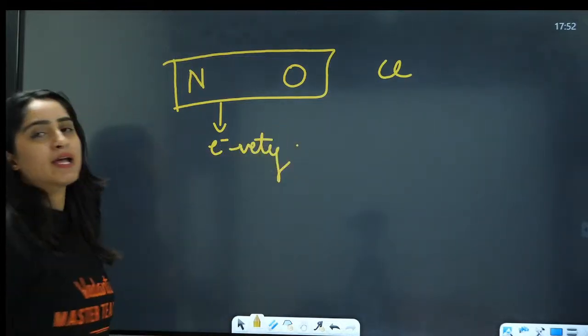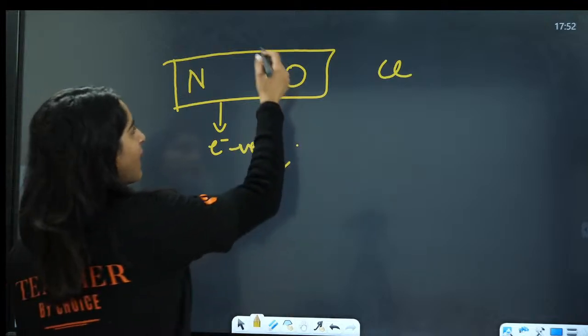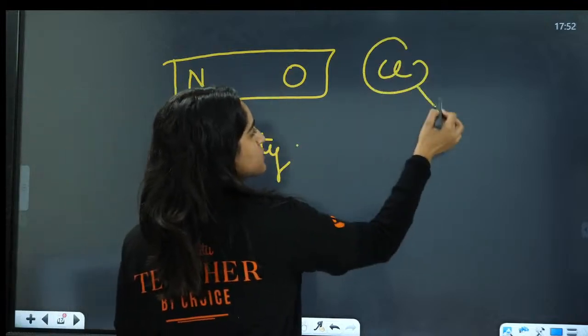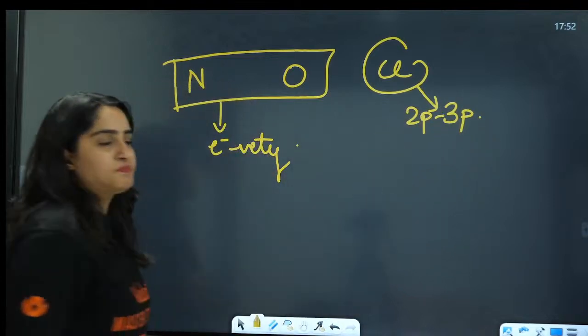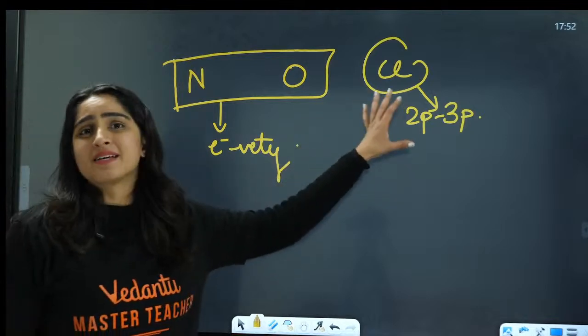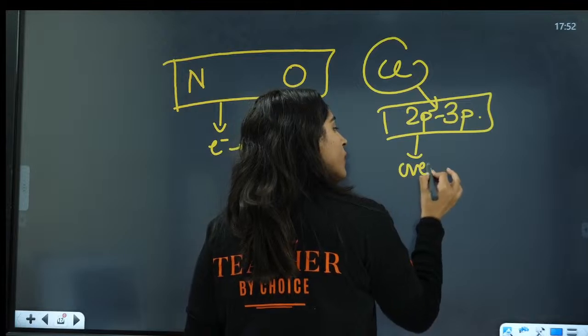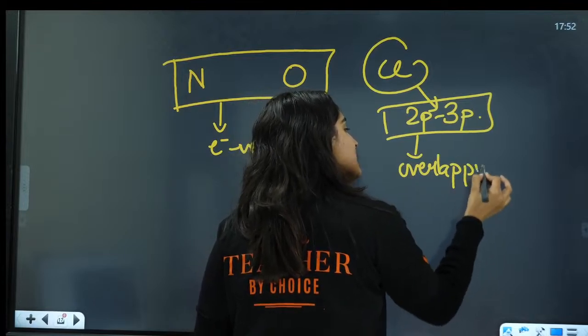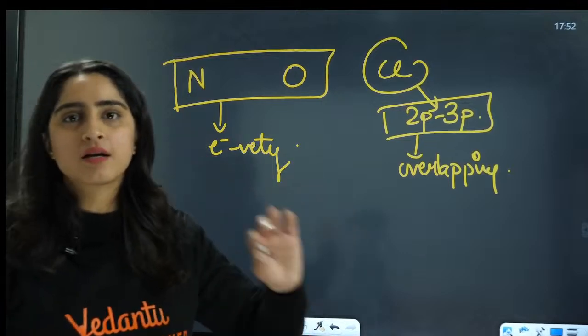Among these, Cl has 3p orbital and carbon has 2p orbital, and this will be decided on the basis of overlapping.